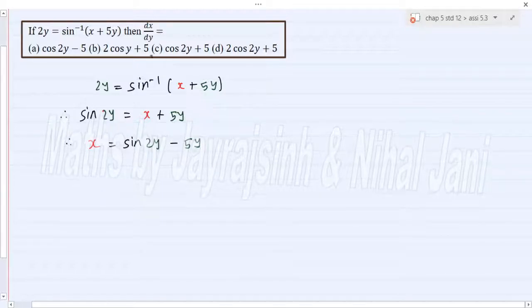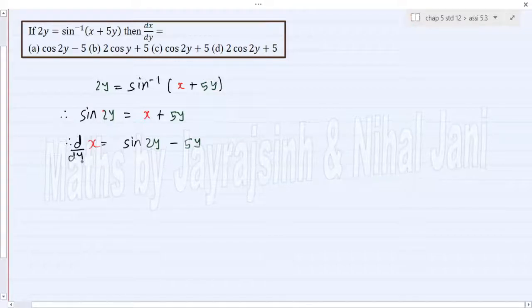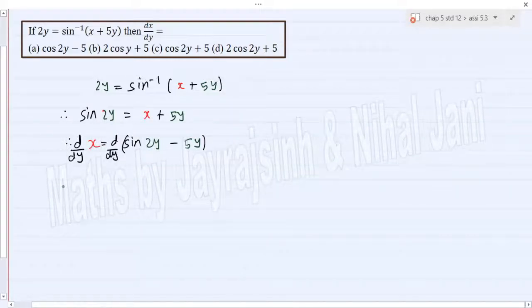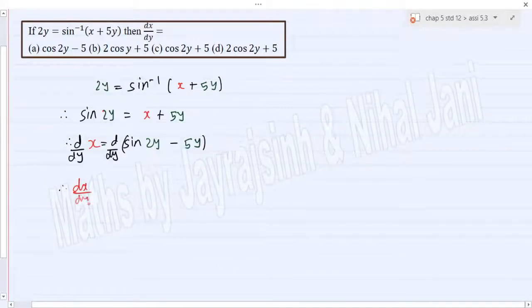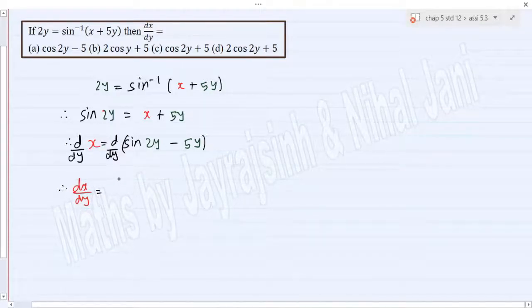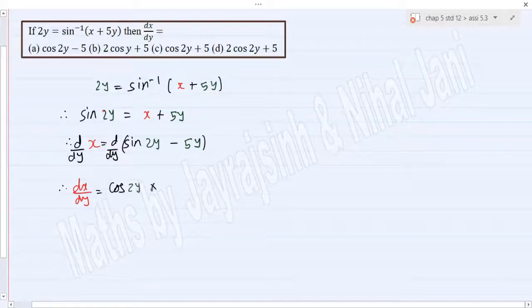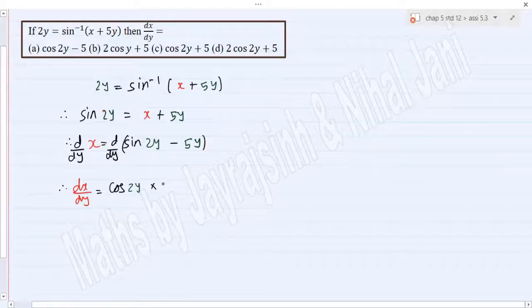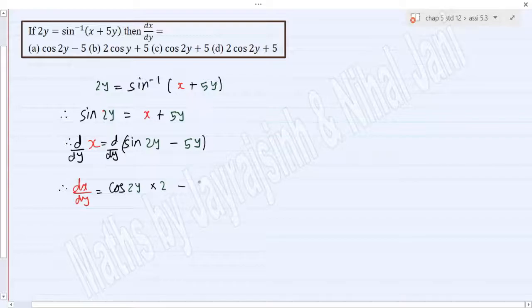Now, to get dx by dy, we have to differentiate with respect to y on both sides. So on left side, we will get dx by dy, and on right hand side, we have to differentiate sine 2y, which is simply cos 2y into coefficient of y, or we can say differentiation of 2y, which is 2, minus differentiation of 5y will be 5.